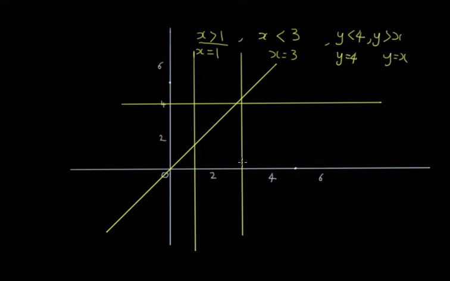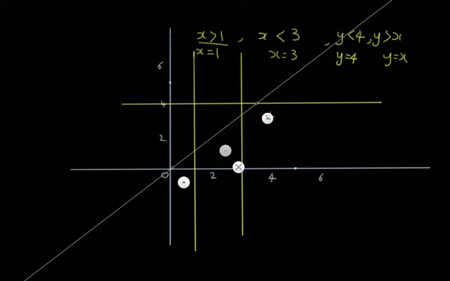Now what we see here is we are going to label this region in here. So this region is bound by our line y equals 4, x equals 1, and x equals 3, and I've not done this line very well, wait a minute. I'm going to undo that last line because that's better.